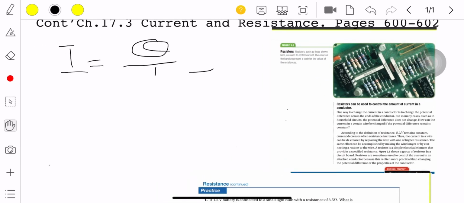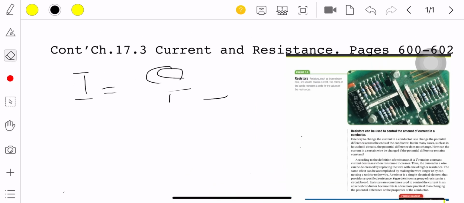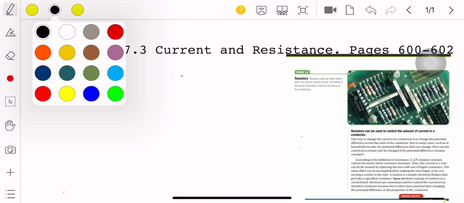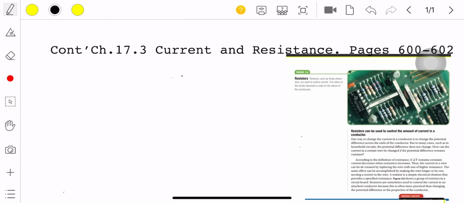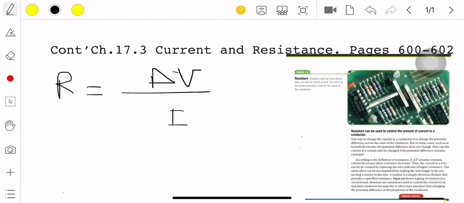We have one piece of information here. It is interesting information. I'll explain the relationship first, then I will go to your book. We said before from Ohm's law that R is equal to delta V over I. What does it mean? For ohmic material, we have constant R, but the delta V and the I will change.